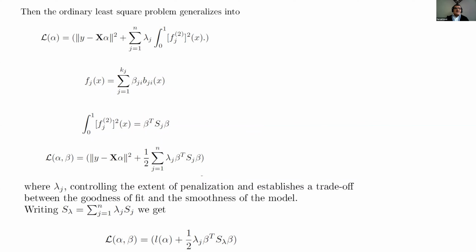We can write the whole thing for the generalized additive model as the norm of y minus x alpha squared plus the sum of lambda_j times the integral of the second derivative squared. And by a theorem, we can write every function in terms of b_ij's, which are called basis functions.